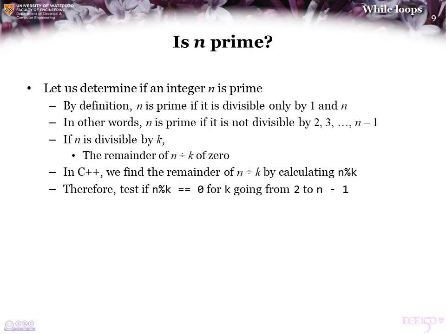Therefore, this sounds like something we can do with a for loop. We will test if n modulo k is equal to 0 for every single value of k going not from 1 to n, but from 2 to n minus 1.